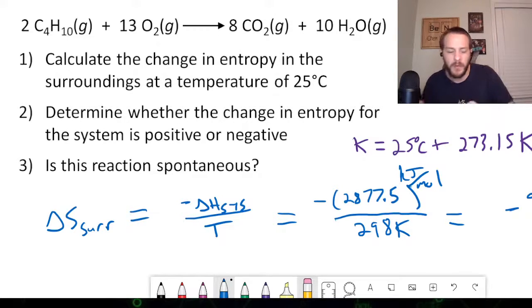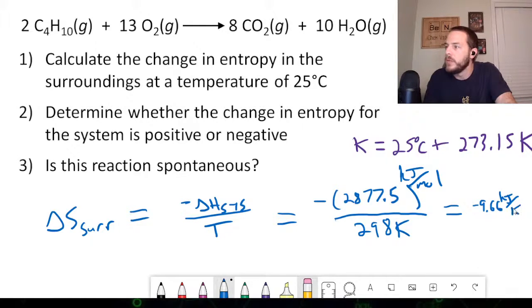And it looks like I am off the screen again. Let me fix that. So we have negative 9.66, and that's kilojoules per Kelvin. Now, the usual unit of entropy is joules per Kelvin, so if we wanted to convert this into joules per Kelvin, we could easily do so by multiplying this negative 9.66 by 1,000. But you get the idea here.